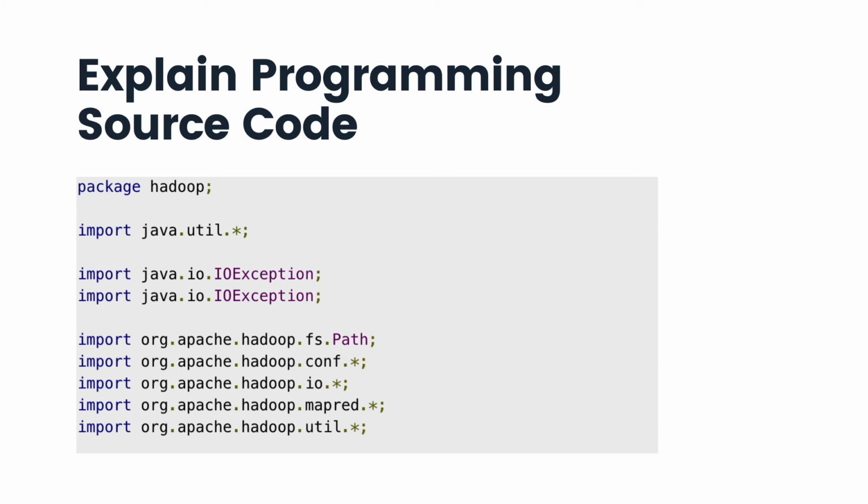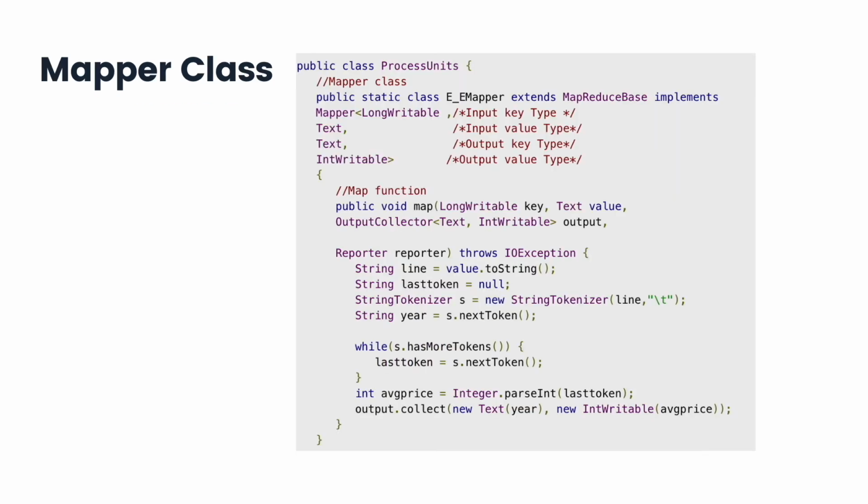This example is the Hadoop MapReduce program. This code is written in the Java programming language. In this figure you can see the imports of libraries from Hadoop and Java. This is the map function. The mapper's job is to process the input data. Generally, the input data is in the form of a file or directory and is stored in the Hadoop file system.